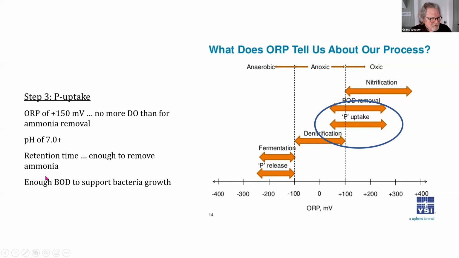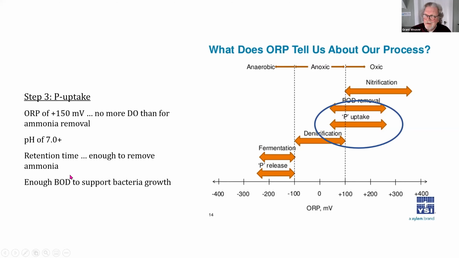So this, and I've also seen aerobic zones that are getting so little BOD. This is a Grant Weaver theory, and I'm just waiting for the train to arrive at the station and others to jump on with my theory, but maybe people are smart enough to know better. But I believe that if there isn't enough BOD going into that aerobic zone, there's just not enough organic matter for the phosphorus removing bacteria to grow.